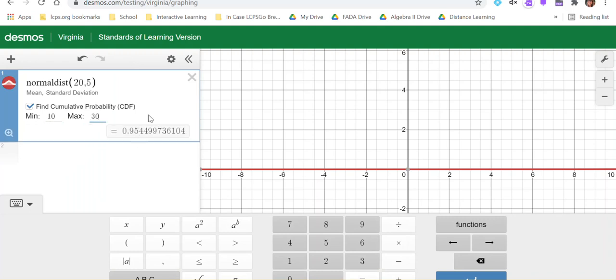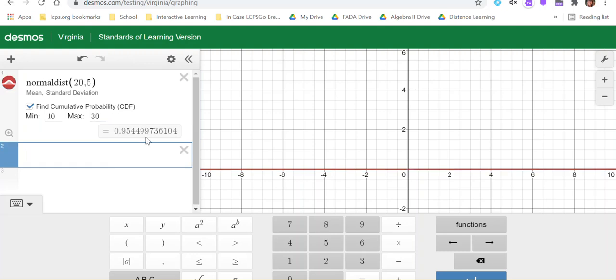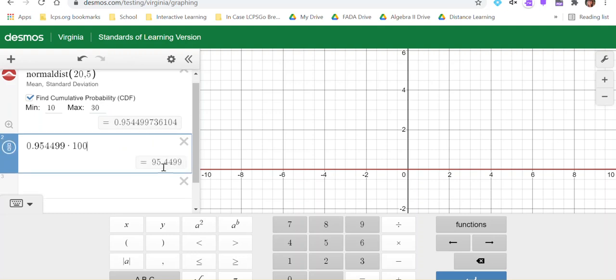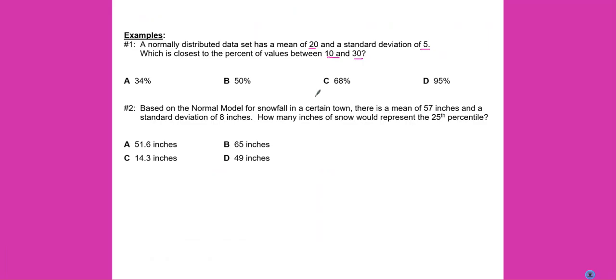So there's my percentage, 0.95. Multiply that by 100. So 95.449%. Oh, 95% right there.